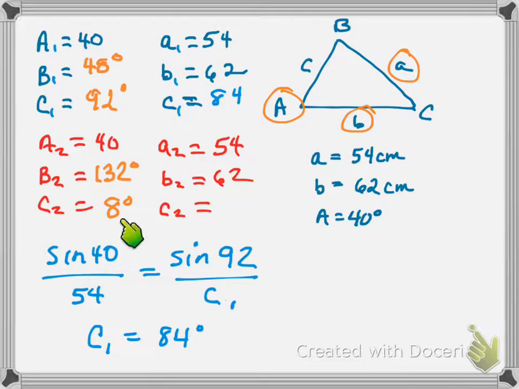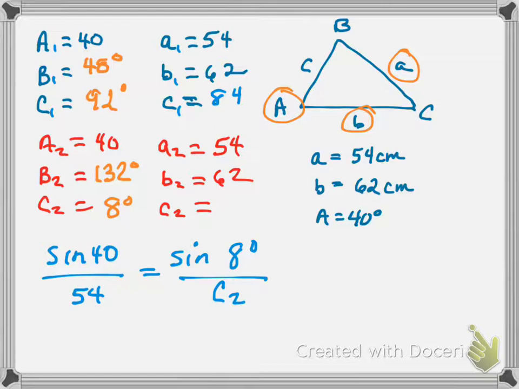So that's what we put here. Now I need to do the same thing for this one, so I go back. I still have this same pair that I started with, 40 and 54, so I can use this. I just need to change this over here. For the triangle that's in red, I am going to have the sine of 8 degrees over C2 to find C2.